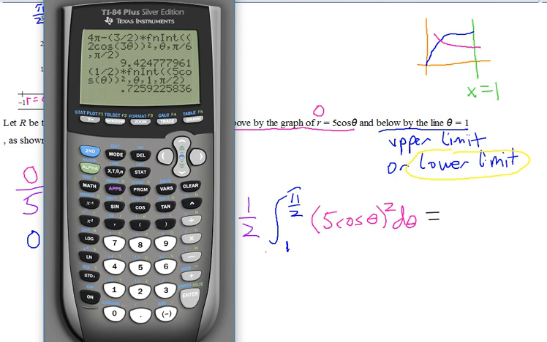And we get 0.7259, so you can write to the thousandths place, it'd be 0.726.